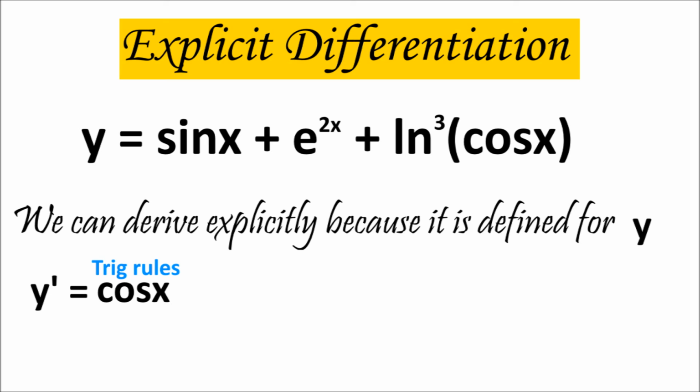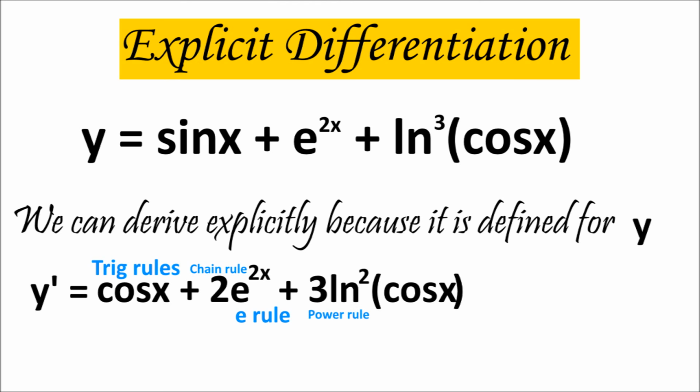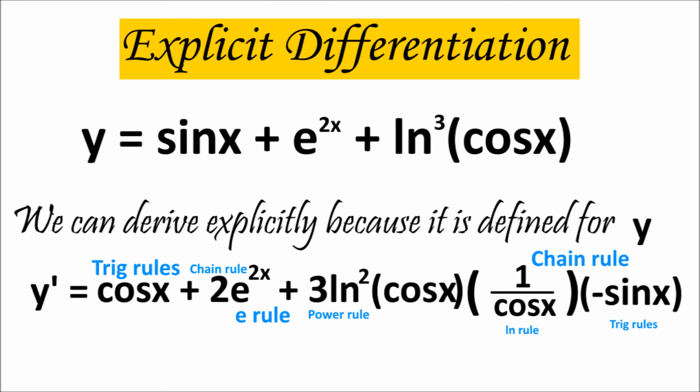And to find the derivative of e to the power of 2x, I must use the e rule, which would make 2 times e to the 2x. Now to find the derivative of ln cubed cosine x, I must use chain rule and natural log rule, which would mean that first it will be 3 times ln squared cosine x times 1 over cosine x times negative sine x.